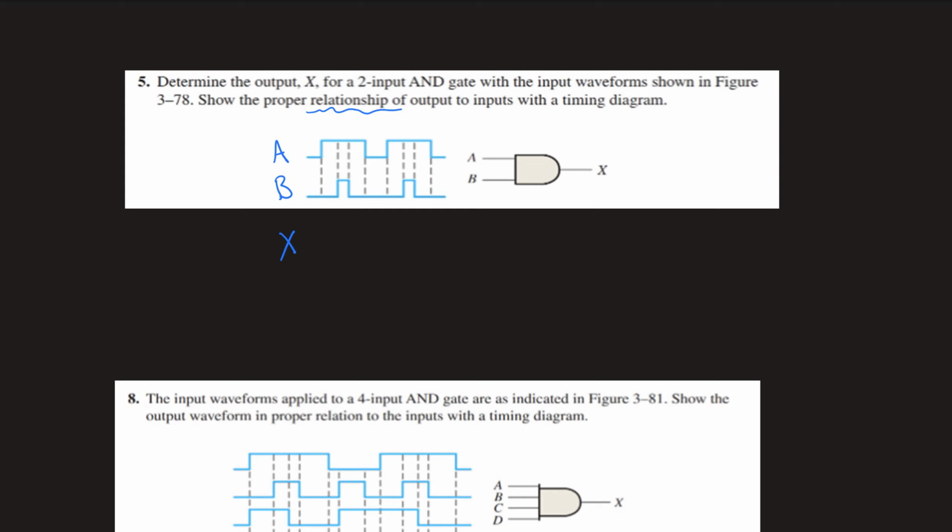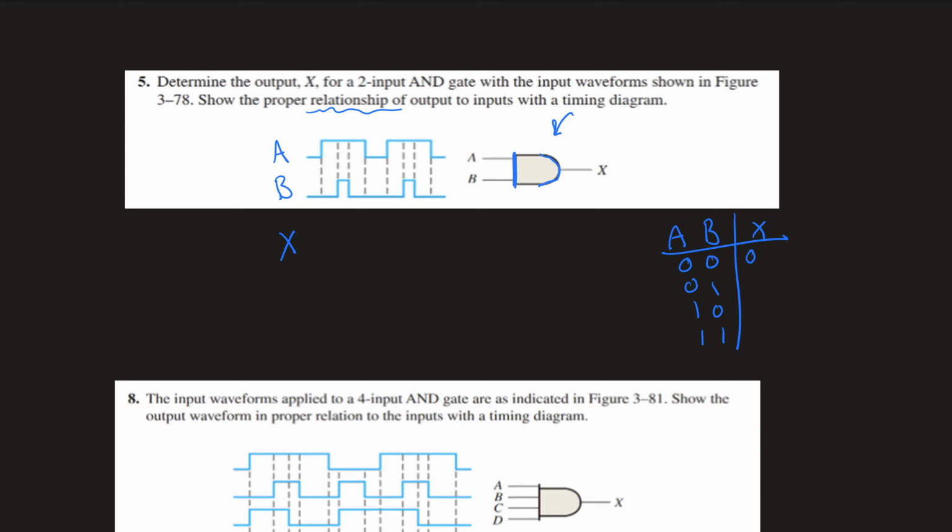So the first thing we want to do is remember what this is. Notice it's got a flat back and it's nice and rounded in the front, and so this is an AND gate. And so what I want to do first is write out the truth table for an AND gate because that'll help me. And so we have 0, 0, 0, 1, 1, 0, 1, 1, our output of X. And so remember, if we have an AND gate, that's only true when all of its inputs are true.